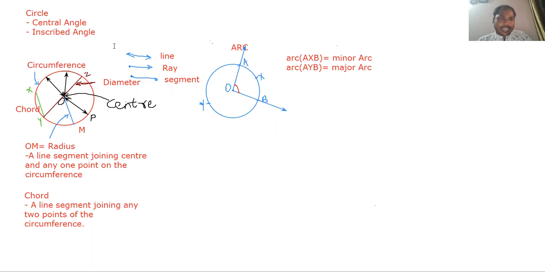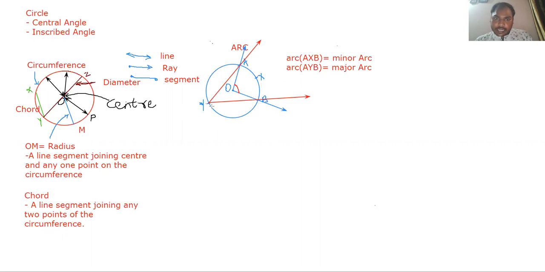Now if we talk about the inscribed angle, what is the inscribed angle? Just try to understand the inscribed angle also. I am creating a different ray again. If I join this point Y with A with the help of a ray, and in a similar manner join Y with B with a ray, this is also creating an angle.